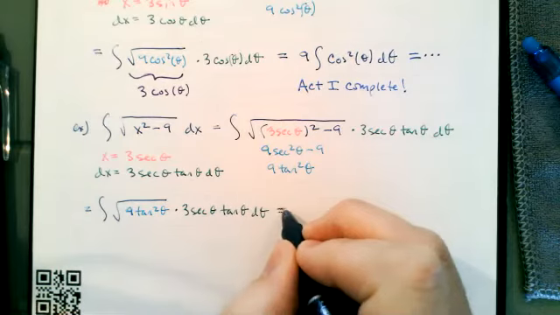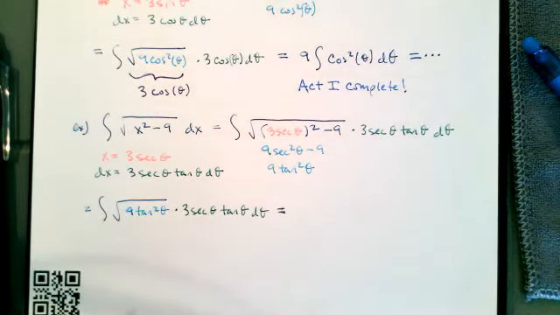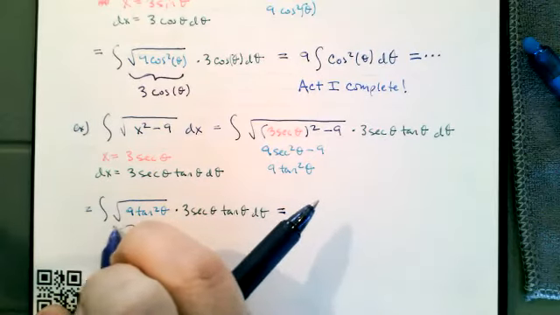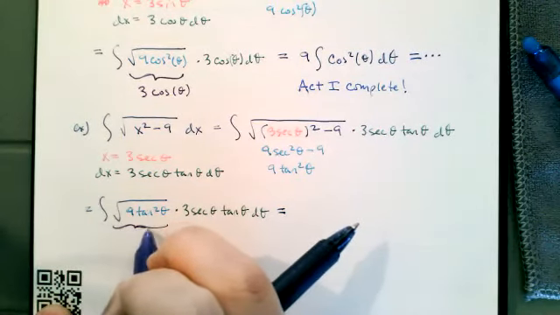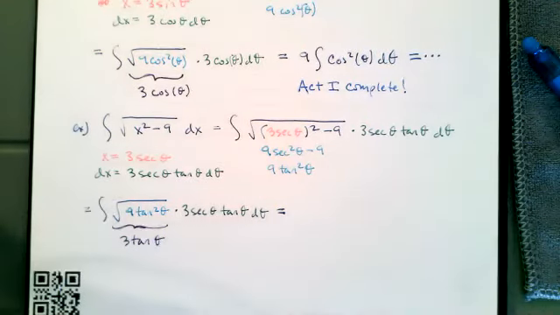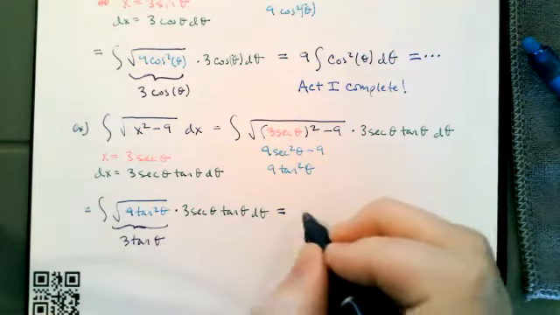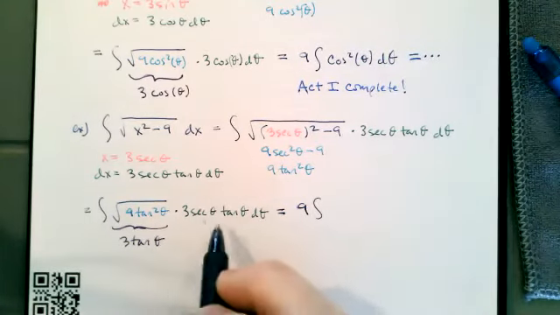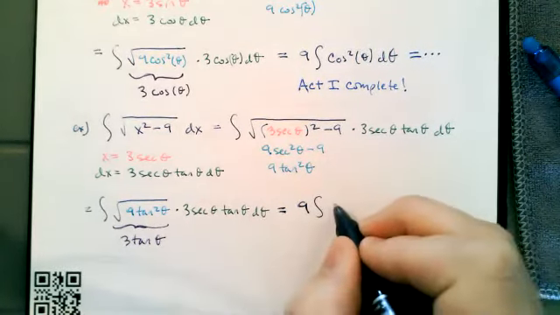So now we can simplify the square root of 9 tangent squared to 3 tangent, because now we have the square root of one term, not two terms. And so I have in total a 9 out in front. I have an integral of secant times tangent squared.